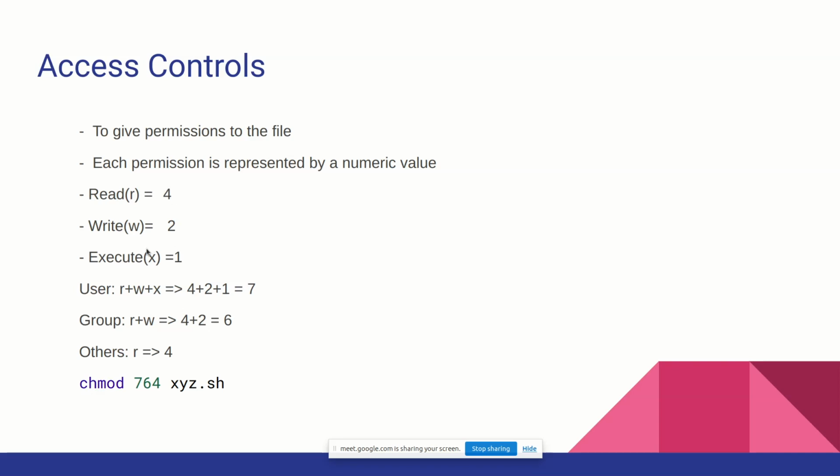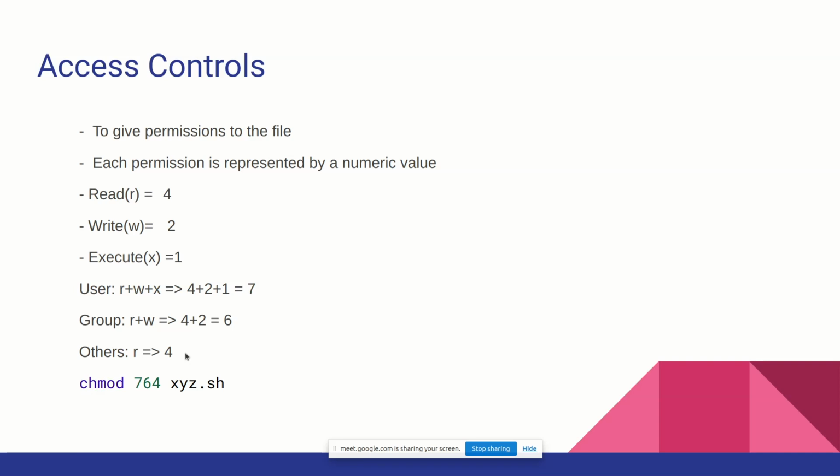And for others, the last triplet, I want to give only the read permission. I don't want others to write or execute my file, so I give only read permission, which is 4. So for the three triplets, owner or user, group and others, it is 7, 6 and 4. Do you know what 7, 6 and 4 stand for?